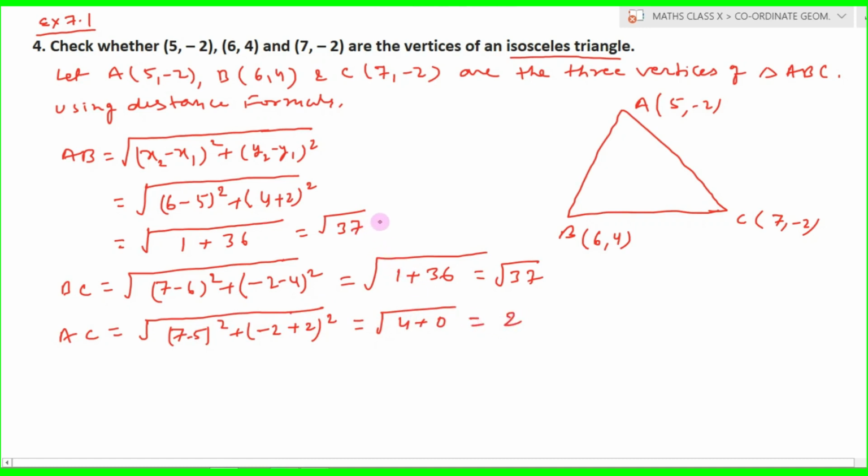So here we got length of AB is root 37, length of BC is root 37 and AC is 2. So we have seen the two lengths AB and BC, these two lengths are equal.